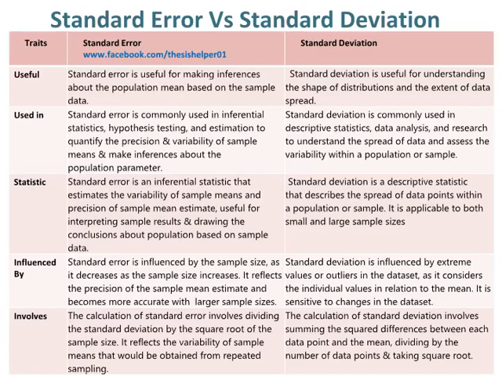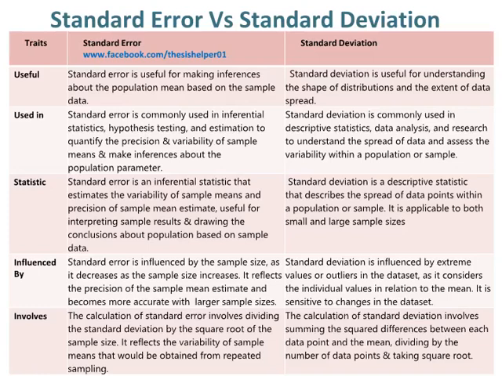It is sensitive to changes in the dataset. The calculation of standard error involves dividing the standard deviation by the square root of the sample size. It reflects the variability of sample means that would be obtained from repeated sampling.